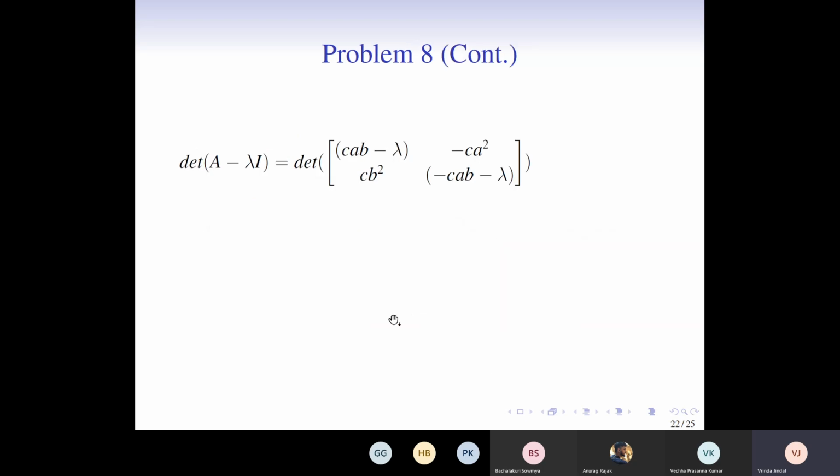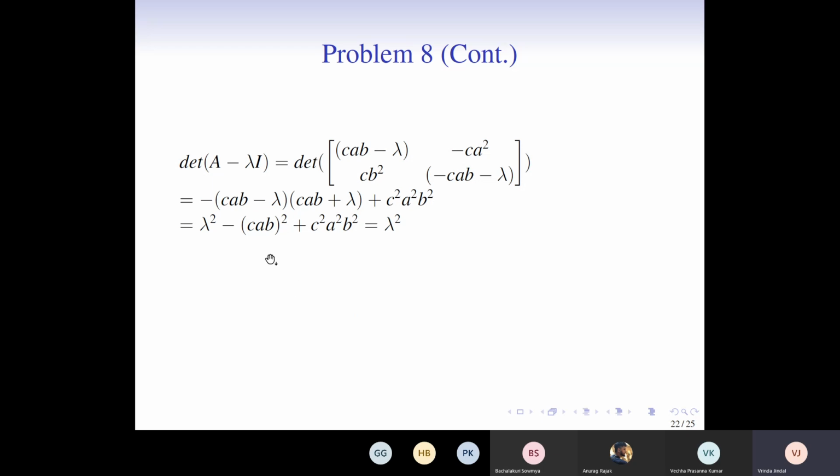So in order to find the eigenvalues of A, we need to find the roots of the characteristic polynomial. The characteristic polynomial is the determinant of A minus lambda I, which is this equation, and it's a 2 cross 2 matrix, so you just simply open it out. This gives us (cab minus lambda) into (negative of cab plus lambda) plus c squared a squared b squared, and you simplify it, using the property (a minus b)(a plus b) equals a squared minus b squared, cancel these out to get lambda squared.